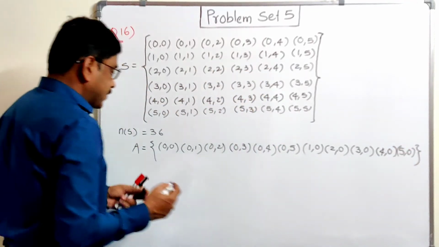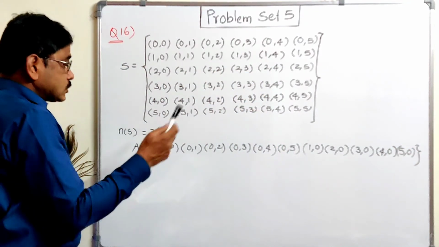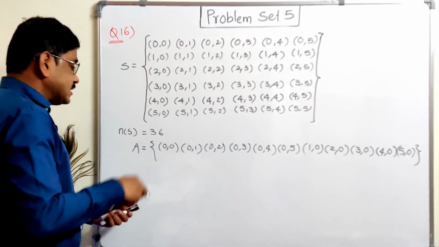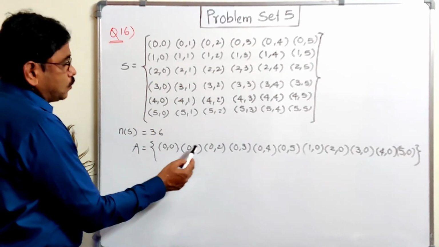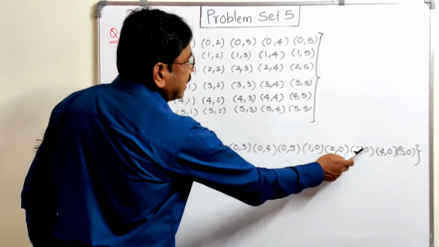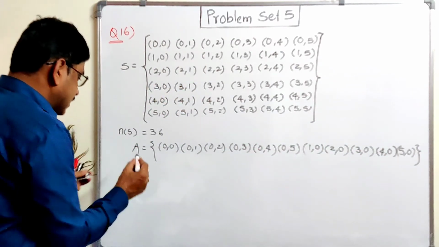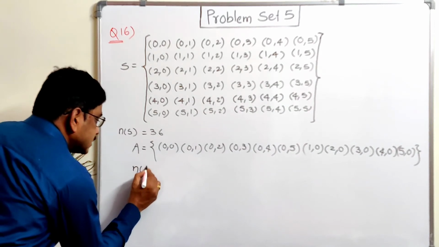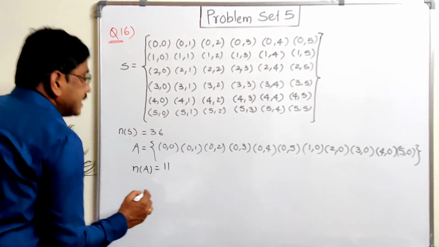So in this way we get the product of these two numbers on the upper face as 0. So how many are there? 1 2 3 4 5 6 7 8 9 10 11. So 11 pairs are there in which the product is 0. So n(A) is equal to 11.